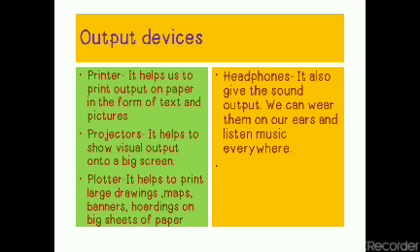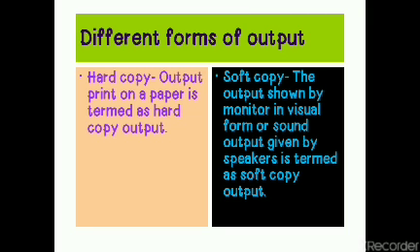Now, different forms of output. Two types of output are there: one is hard copy output and the second is soft copy output. Hard copy output means output printed on paper. When output is shown by the monitor in visual form, or sound is given by the speaker, it is termed as soft copy output.